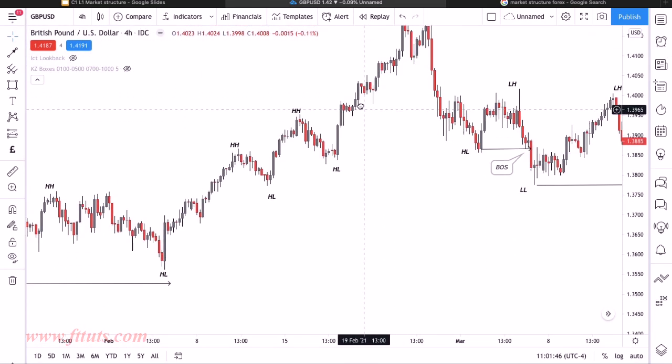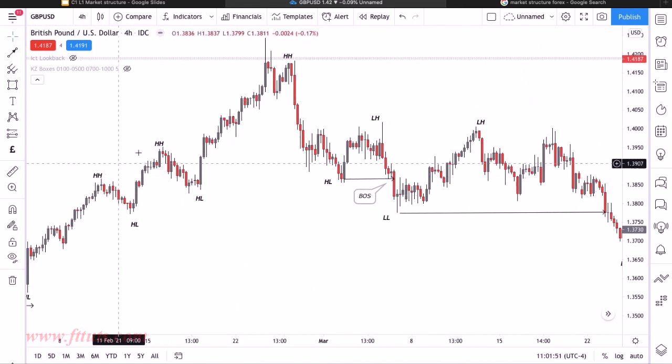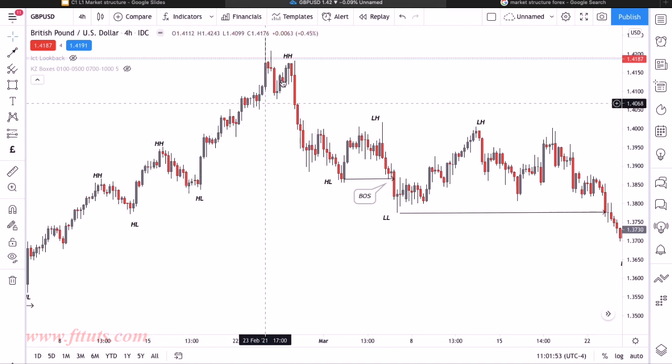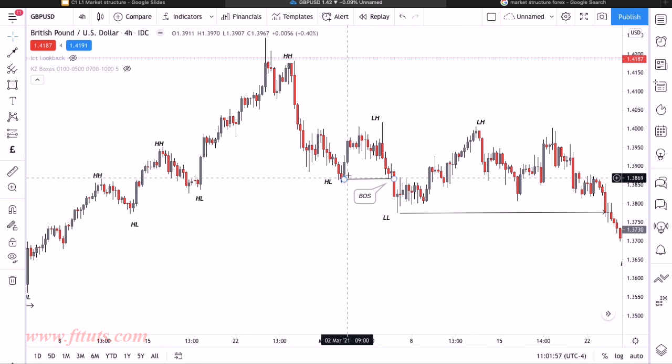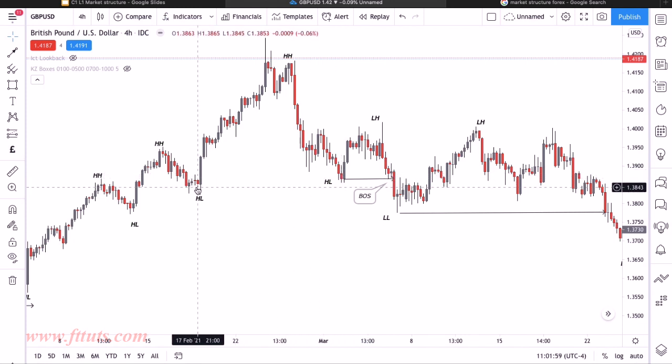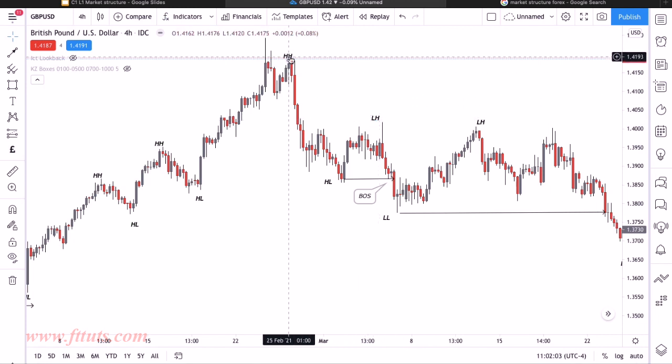So as we identified earlier, we noticed that price over here was in an uptrend, right? Creating higher highs, higher lows. But notice this, once we create that higher high, price pulled back and created a higher low, right? Because it failed to close below this higher low. But then once it started to move upwards, it then failed to close above this higher high, which then creates a lower high.